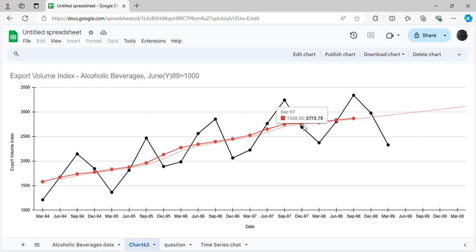It looks like it is increasing by approximately 30 units. So let's increase these values by adding this. So the estimate for December 1998 will be, say, 2000.